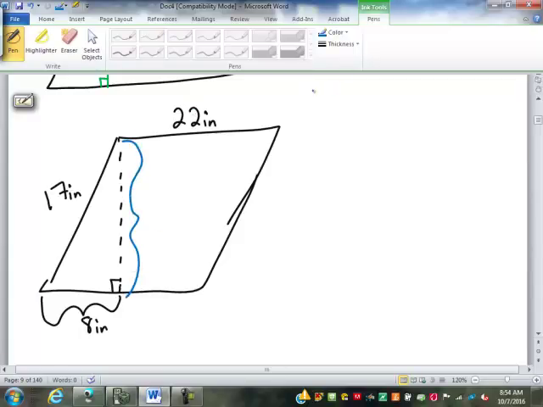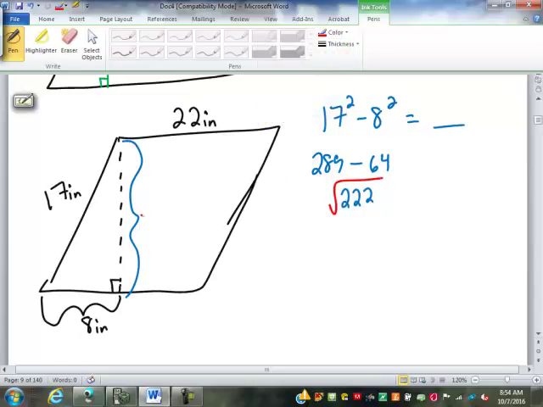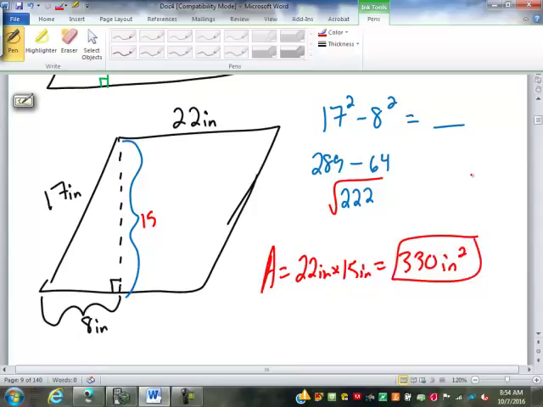How do we find it? 17 squared minus 8 squared is going to give us that side squared, right? 17 squared is 289. 8 squared is 64. Subtract to give us 225. We square root to get 15. Now what? 22 times 15 is 330 inches squared. Not bad?